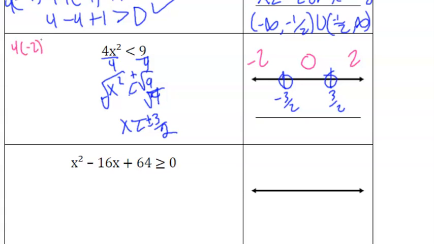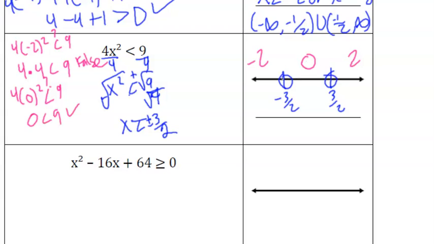So let's check negative 2 first. So is 4 times 4 less than 9? No. Leave that part blank. Okay, let's try 0. Is 0 less than 9? Yes, that's true. So we're going to shade that middle part.